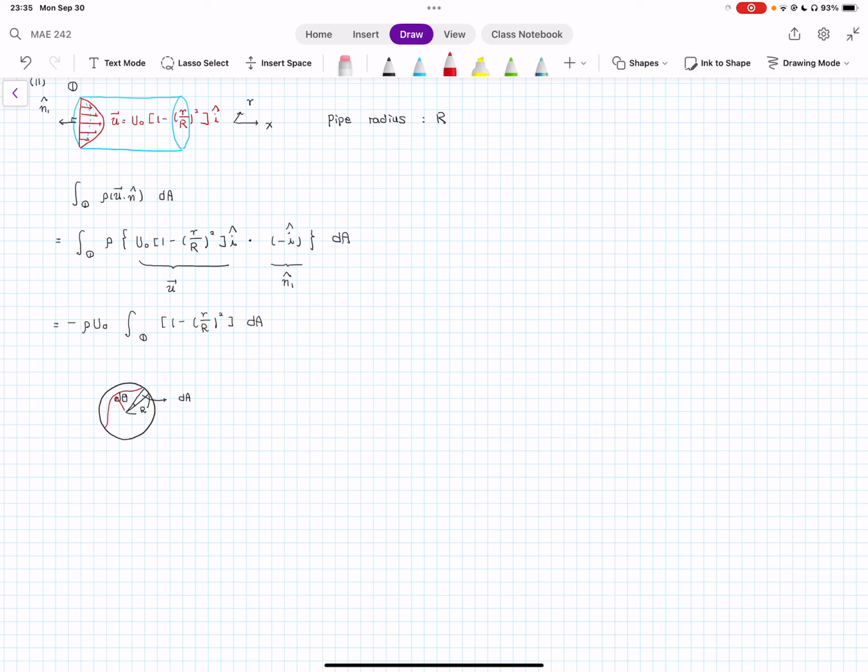So it's maximum at the center line, and it's minimum, or zero, at the radius, capital R. So meaning that on this infinitesimally small surface element dA, if you choose to use this type of infinitesimally small element, your velocity will change parabolically within this element.